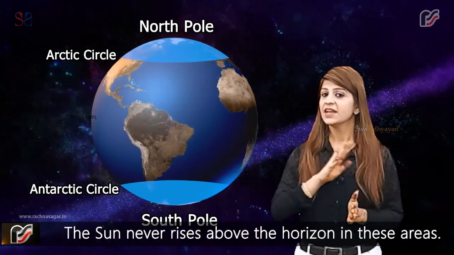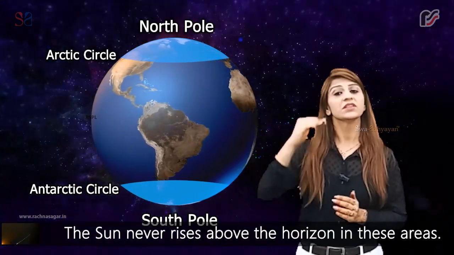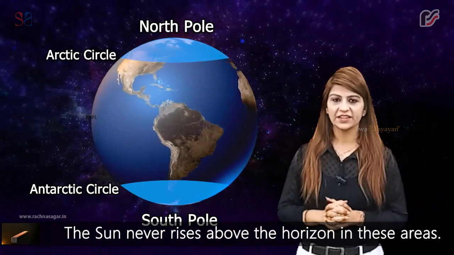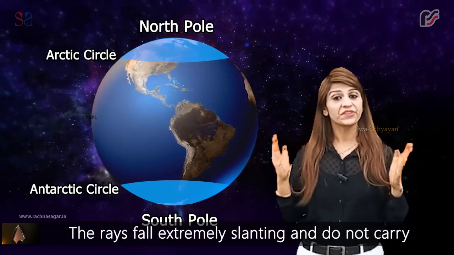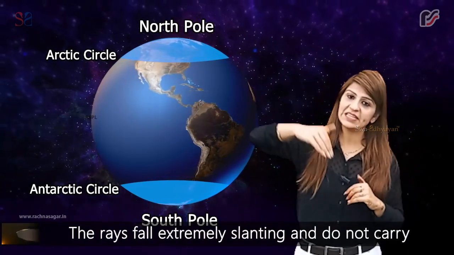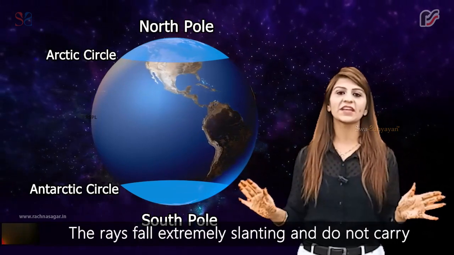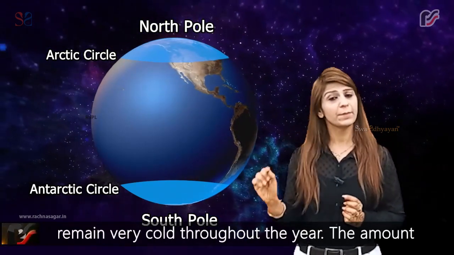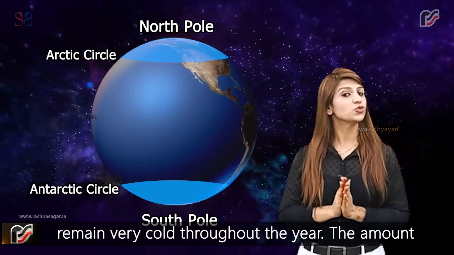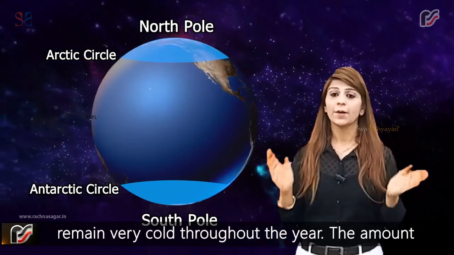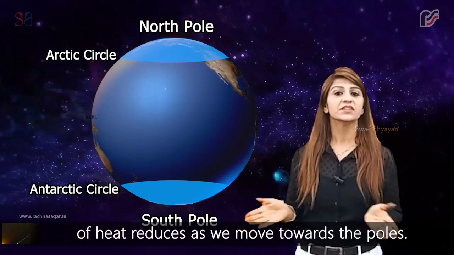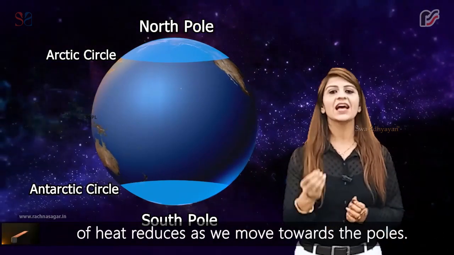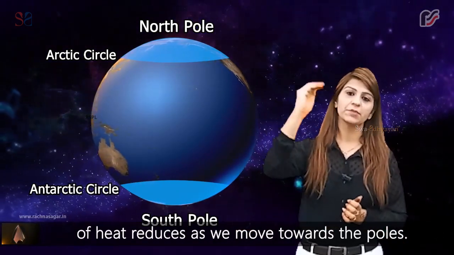The sun never rises above the horizon in these areas. The rays fall extremely slanting and do not carry much heat. These regions remain very cold throughout the year. The amount of heat reduces as we move towards the poles.